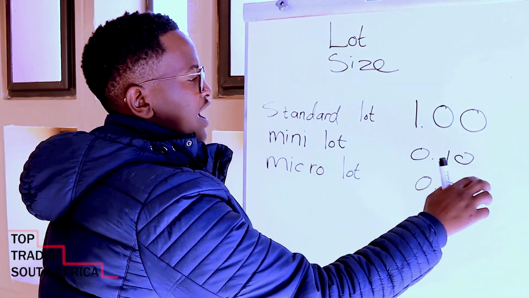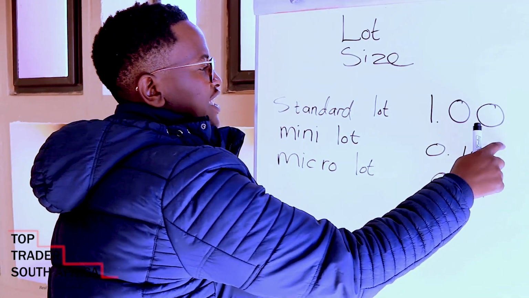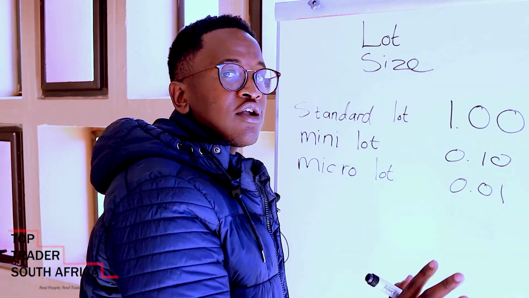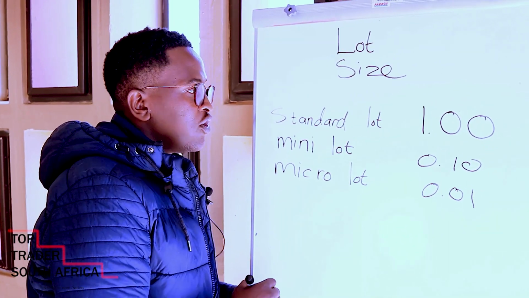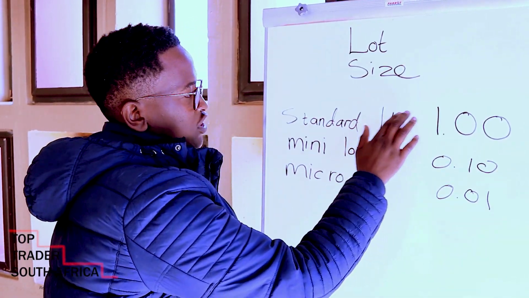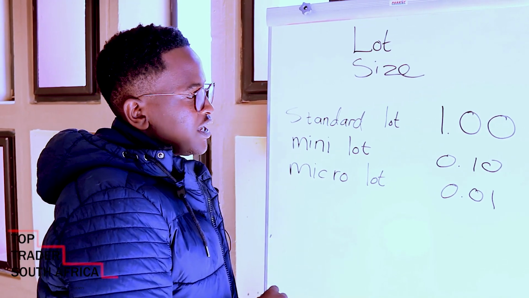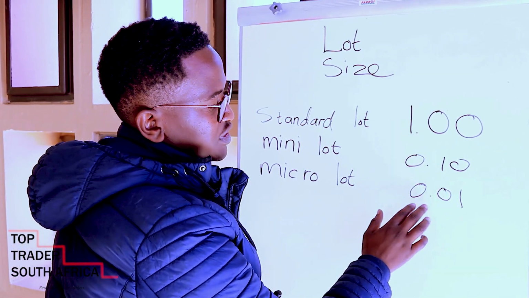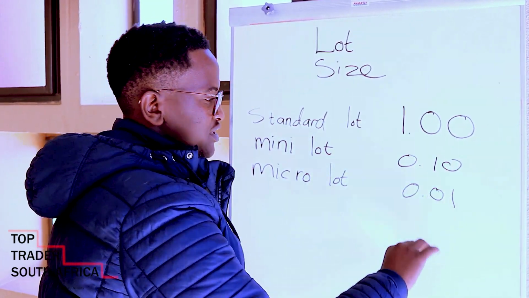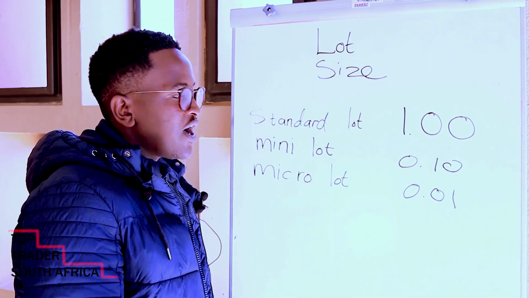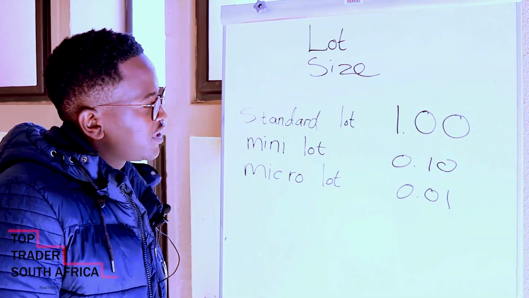Then you have a mini lot, and then a standard lot. You can choose any lot size in between, so you can have a 0.17, or a 0.05 or a 0.03, or whatever you want in between the ranges.